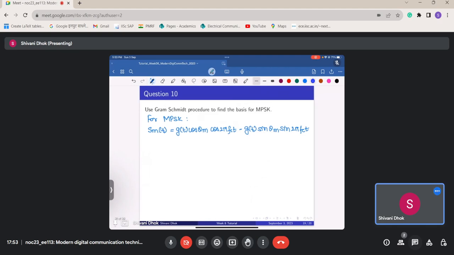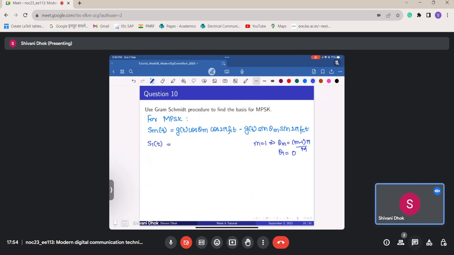So let us take s_1(t). If m is equal to 1, then θ_m is equal to (m minus 1)π/M, so θ_1 will be equal to 0.